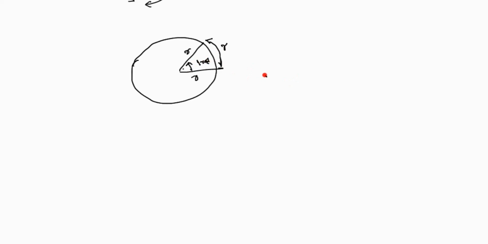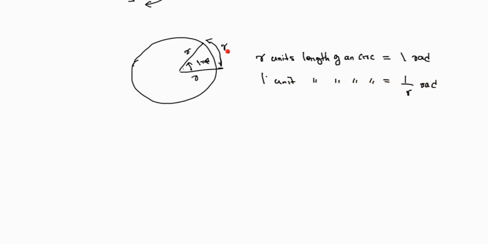So that means r units length of an arc subtends an angle of 1 radian. Then using the unitary method, 1 unit length of an arc will subtend an angle of 1 by r radian. So what about the angle subtended by the whole arc?